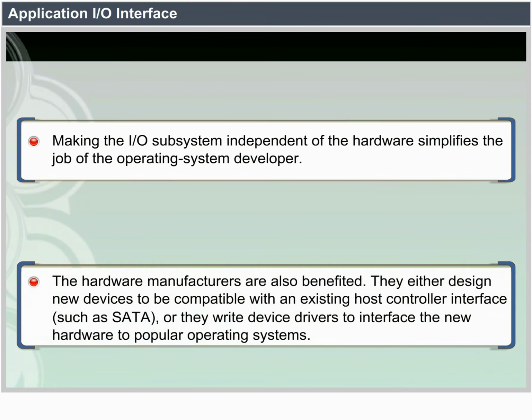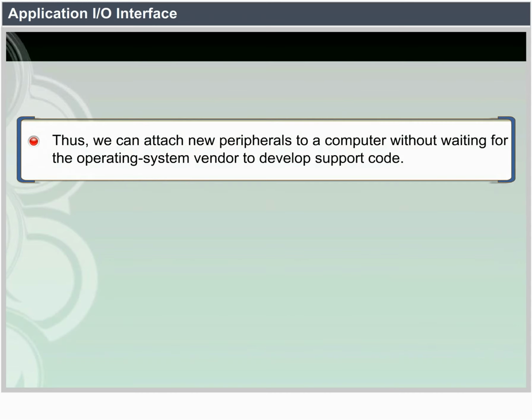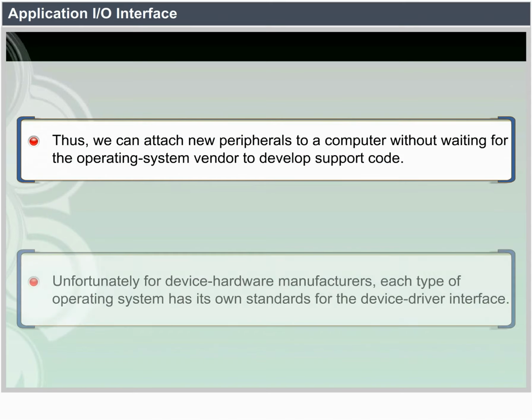It also benefits the hardware manufacturers. They either design new devices to be compatible with an existing host controller interface such as SATA, or they write device drivers to interface the new hardware to popular operating systems. Thus, we can attach new peripherals to a computer without waiting for the operating system vendor to develop support code.